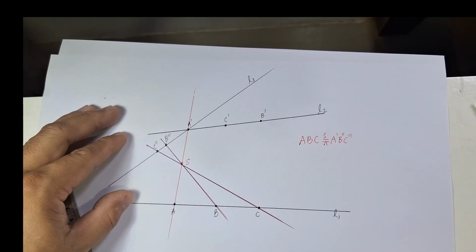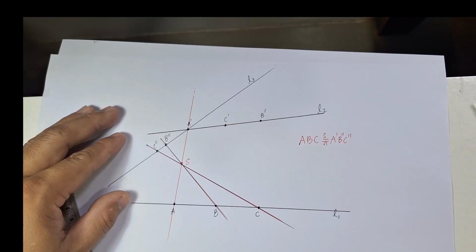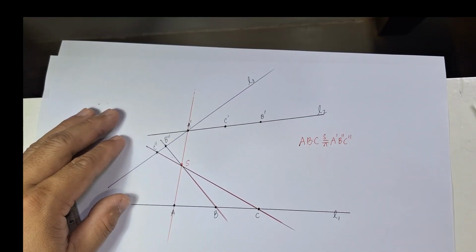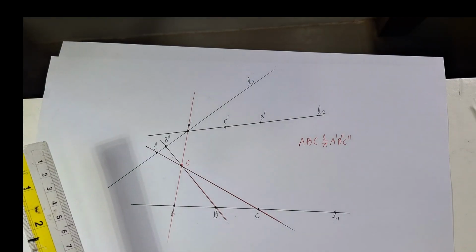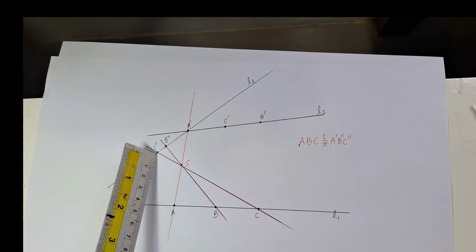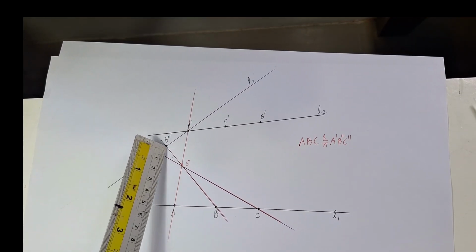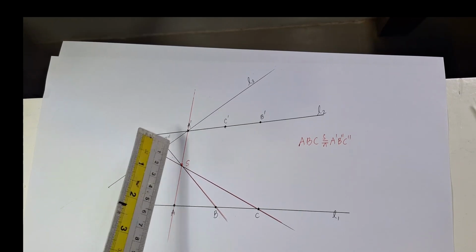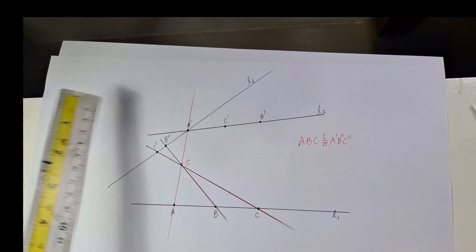Next, what we're going to do is identify the intersection of lines C prime, C double prime, and B prime, B double prime. And that will be our center of perspectivity so that we can have A prime, B double prime, C double prime perspective with A prime, B prime, C prime.